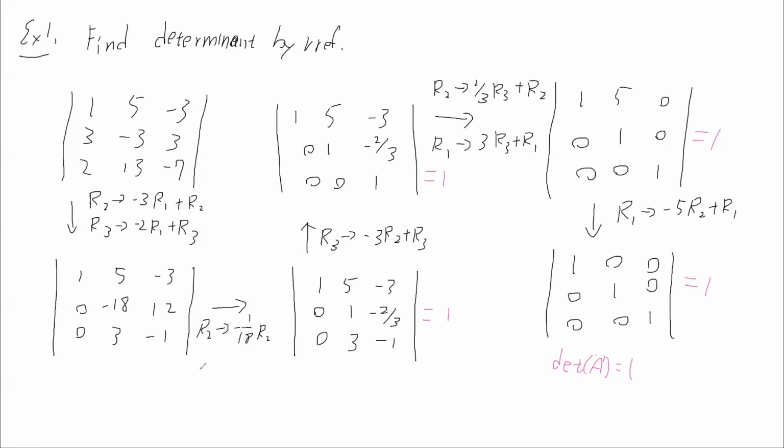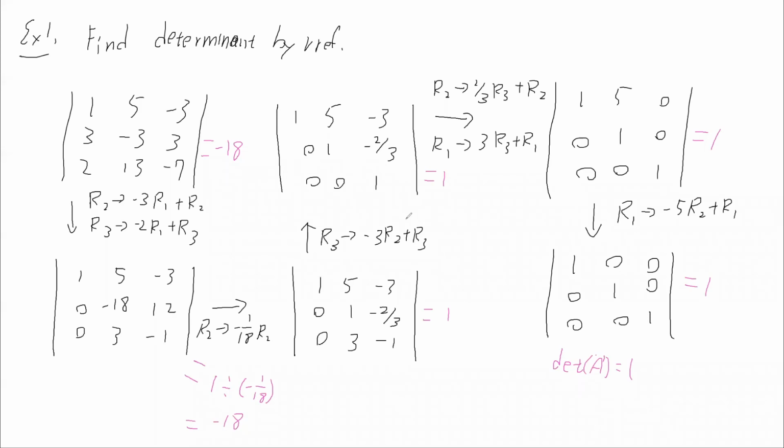So the determinant here is going to be 1 divided by -1/18, which is -18. Now go back one more. They are still just multiplying a row and adding to another row, which means the determinant does not change. But the determinant here is -18. So back to the original, we get a determinant of -18.